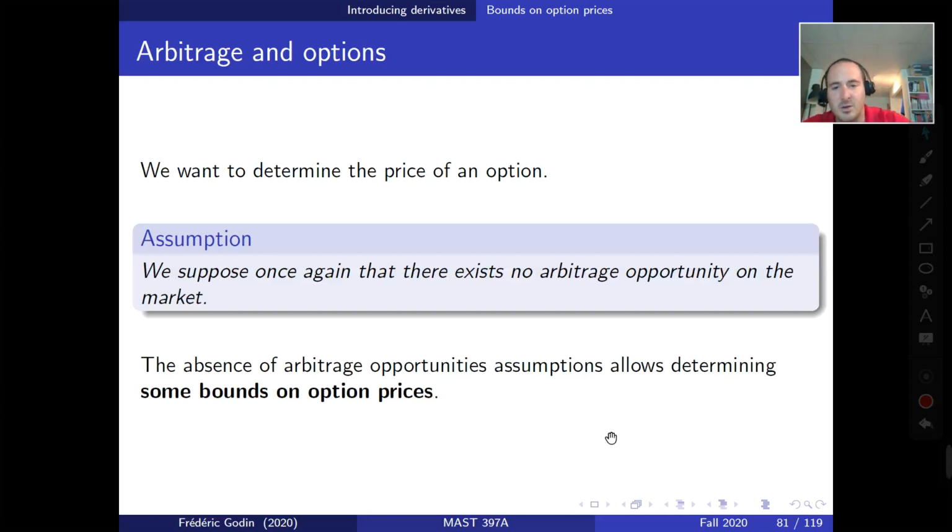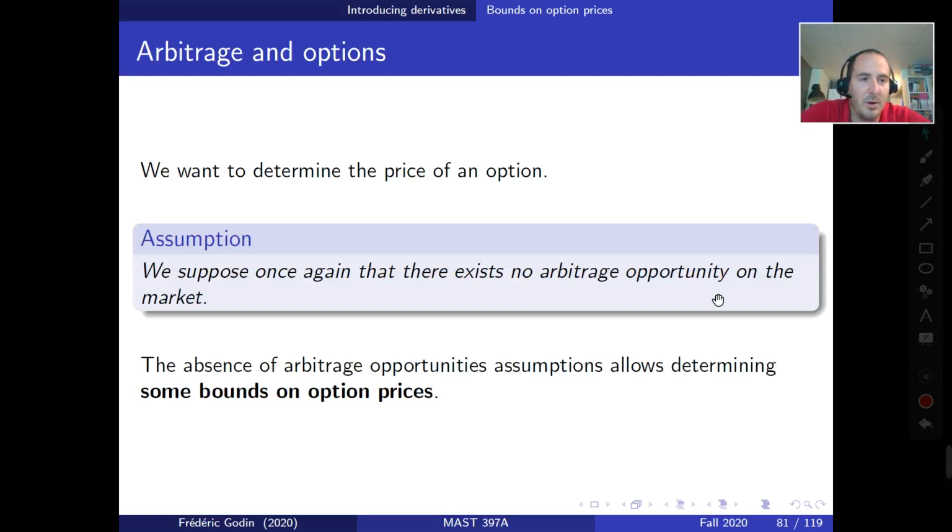We're going to assume that there are no arbitrage opportunities in the market. Such an assumption, we saw, allowed us to determine forward contract prices and futures prices in a unique manner. If you assume the absence of arbitrage, then there's only one single possible forward or futures price under the few assumptions we made earlier.